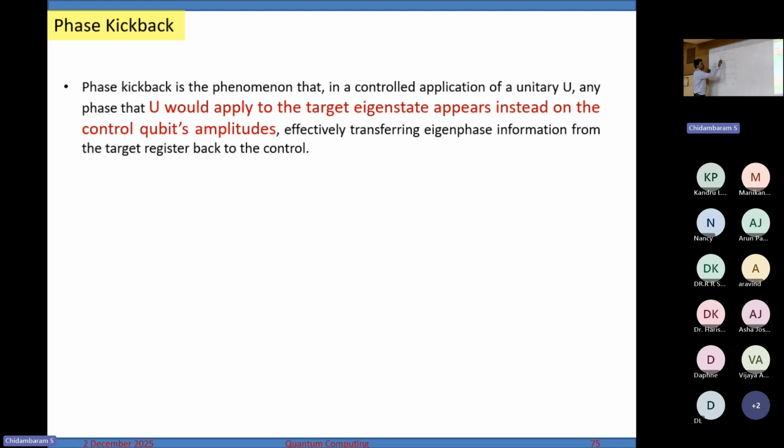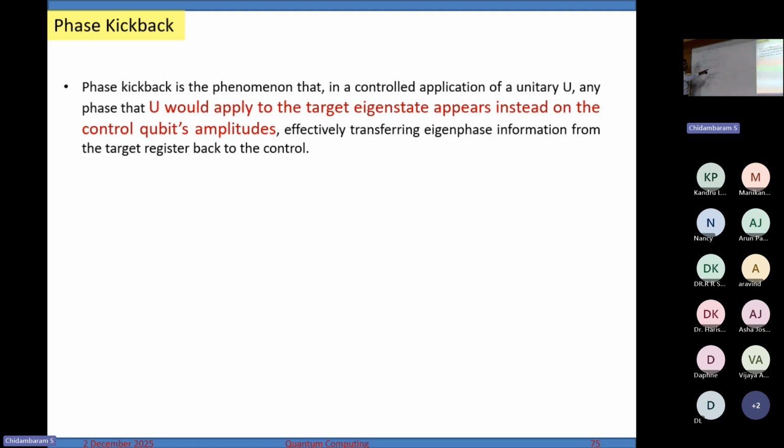When I apply CZ on 01, the control is 0, so it stays 01. Now what happens with CZ over 11?